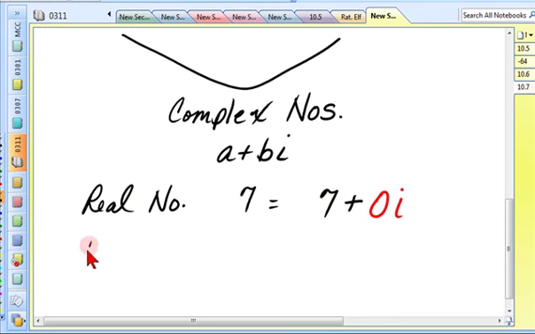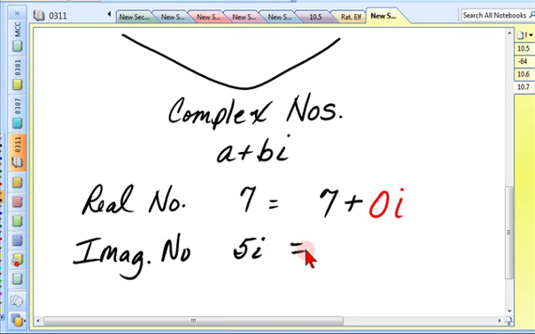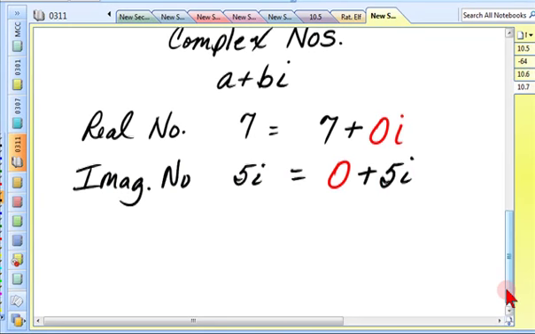Okay, an imaginary number like 5i is complex because it is 0 plus 5i. So in real numbers, the imaginary piece is 0. In imaginary numbers, the real part is 0.